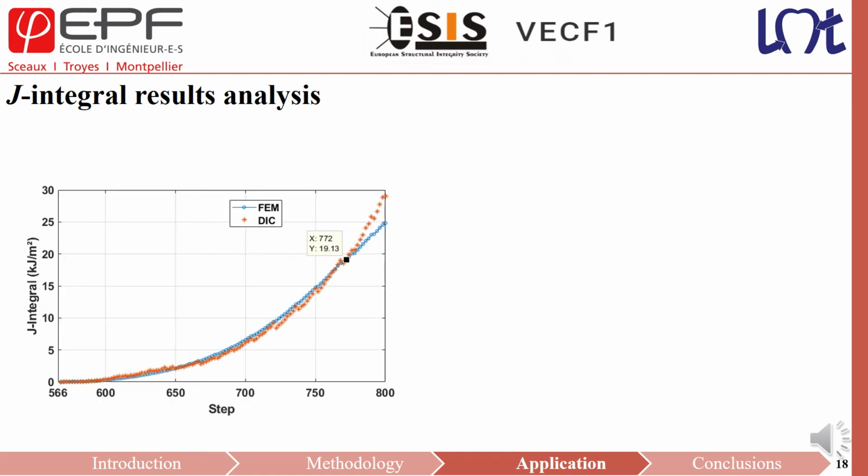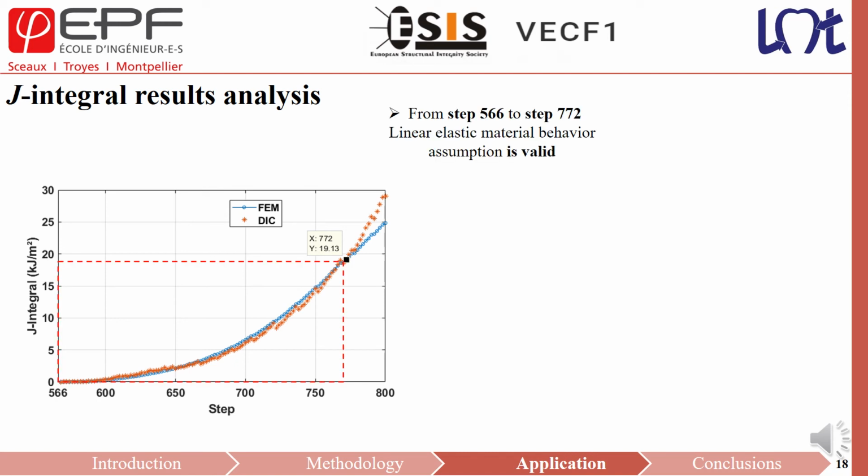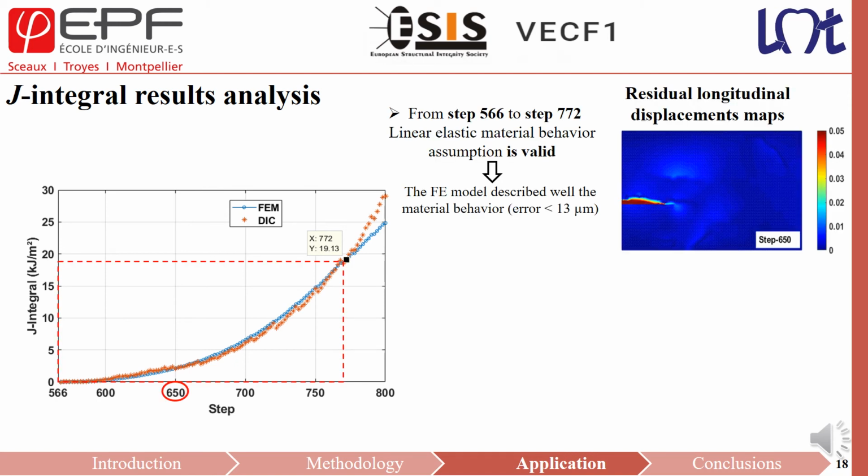For relatively low loads, the FE model described rather well the material behavior, and the identification error in displacement did not exceed 13 micrometers. The evaluation of the J integral by both methods yielded almost the same level.